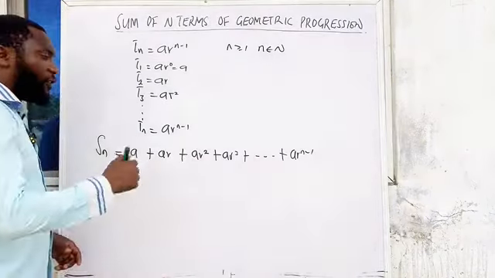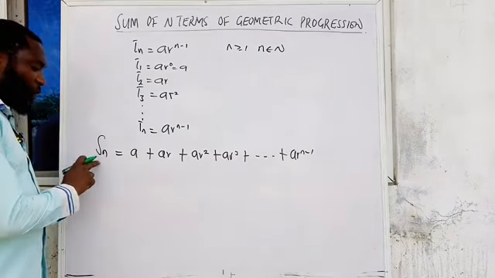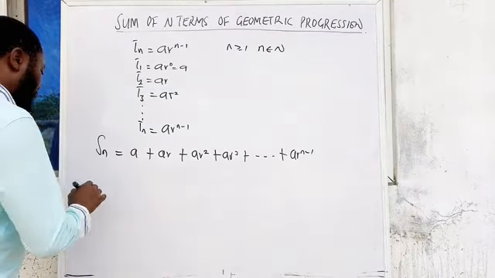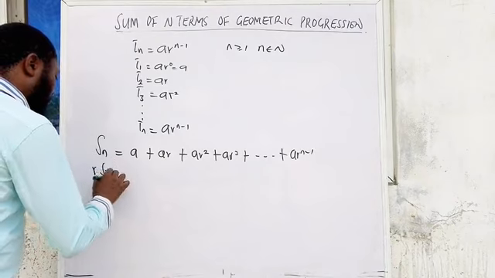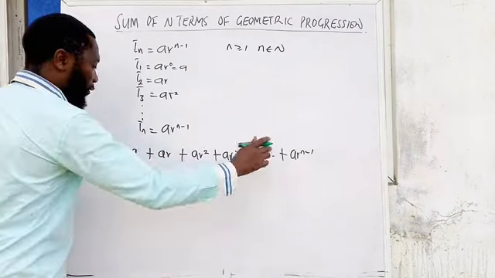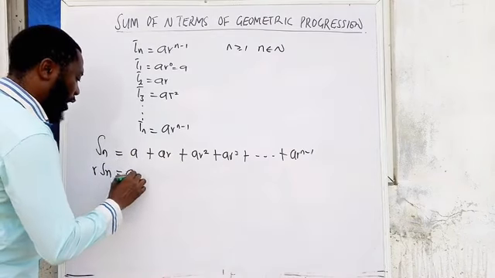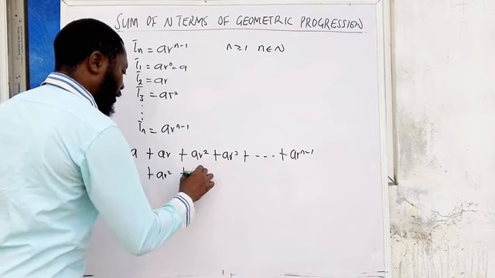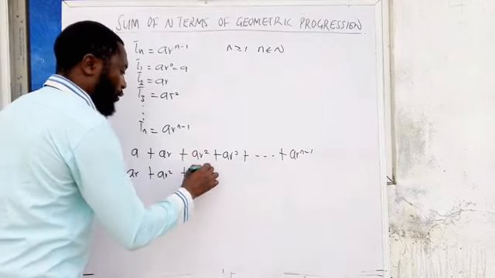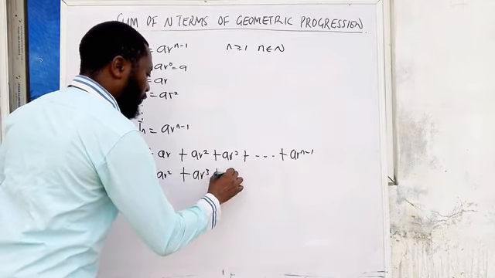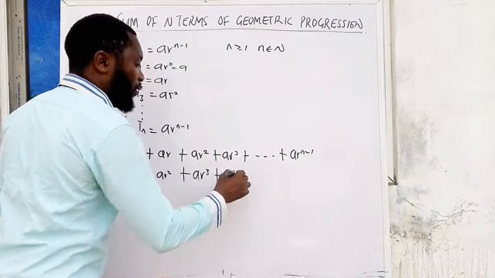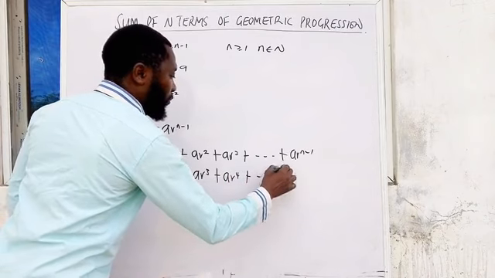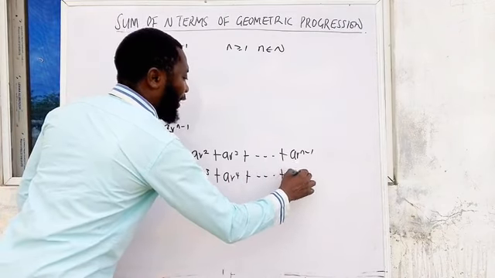Now, suppose we have this. If we multiply this by r, we are going to have rSn. We are multiplying everything here by r. So this one will be ar plus ar squared plus ar raised to 3 plus ar to the power of 4 plus ar raised to n.